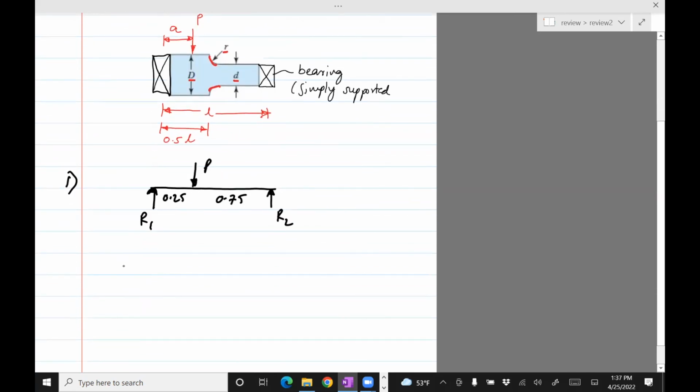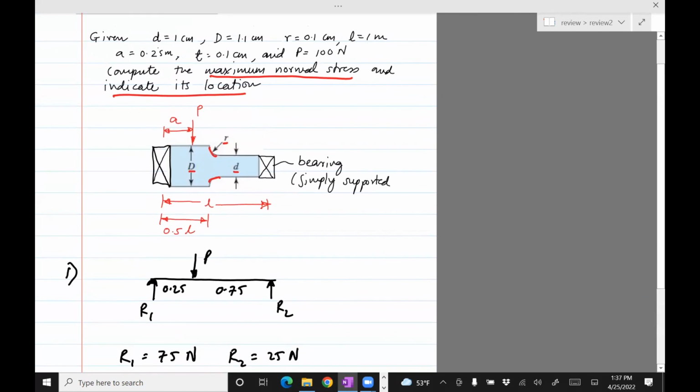I'll not spend too much time on this. Just write down the answer. From equilibrium of forces and moments, you get R1 equals 75 newtons and R2 equals 25 newtons, such that they add up to P, which is 100 newtons.